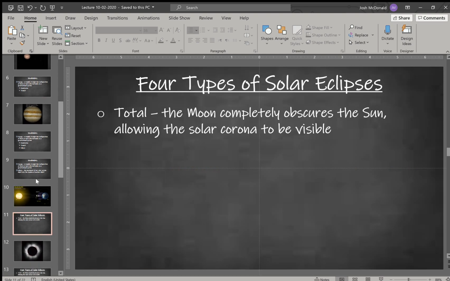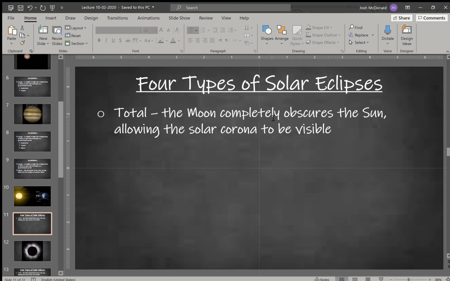So let's talk about the 4 different types of solar eclipse. The first, as I mentioned, is a total solar eclipse. This is when the moon completely obscures the sun, allowing the solar corona to be visible. Normally when the sun is out, we don't see the corona, the outermost part of it, because everything else is so bright.